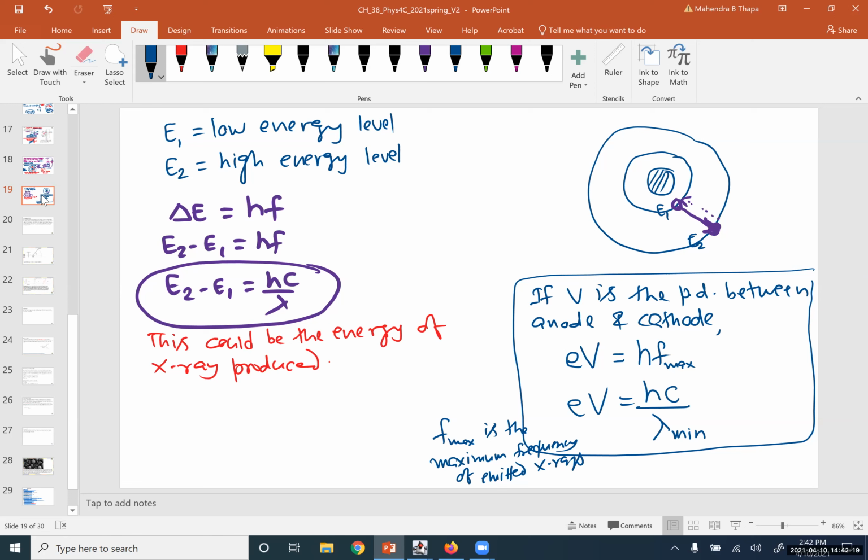Okay, we'll talk more about this energy emission in Bohr's postulate.